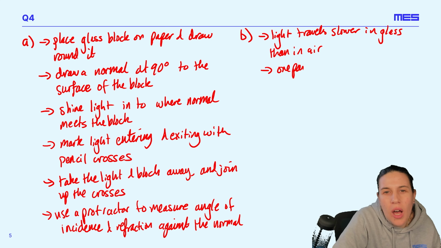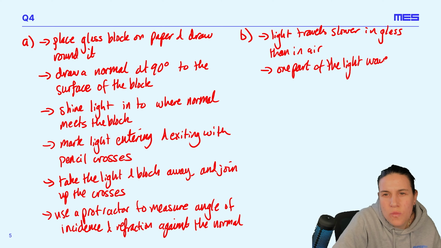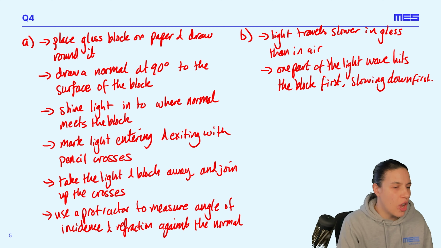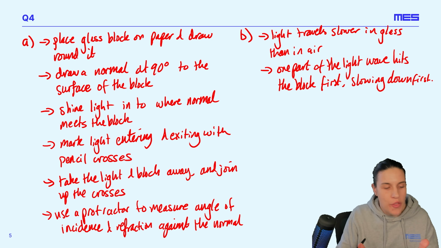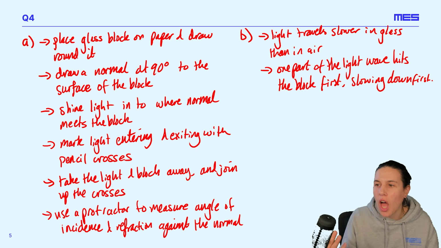So one part of the light wave hits the block first, slowing down first. So it's like if you drive a car into mud with one wheel but not the other, the car's going to spin because one wheel is now going slower than the other.